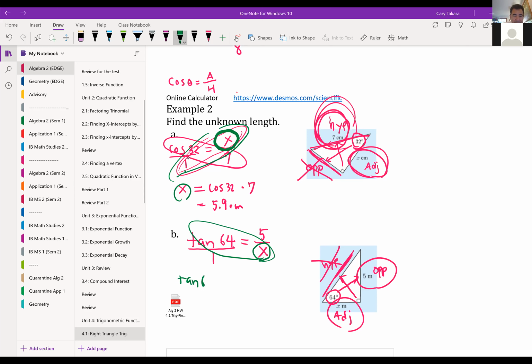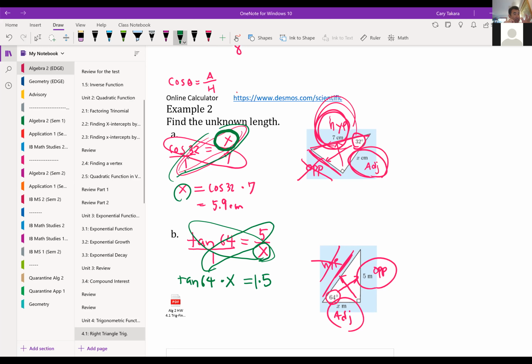Tangent of 64 times x is equal to 1 times 5, which is 5. So we've got to do just a little bit of work here. We are solving for x, right? In other words, we need to get rid of this tangent of 64. How do we get rid of tangent of 64 so that we have x equals?